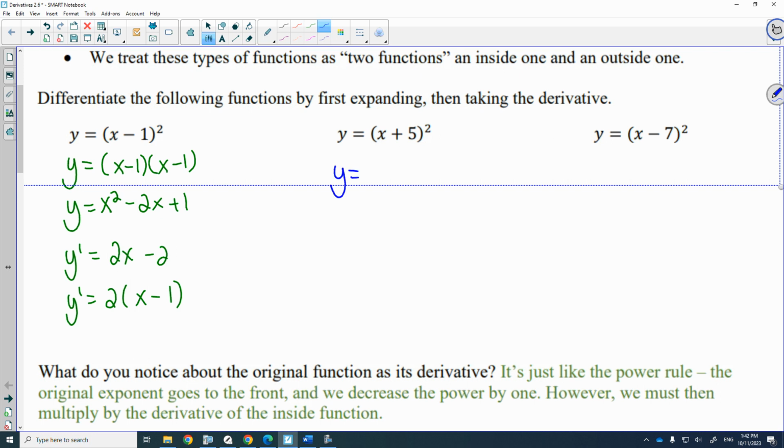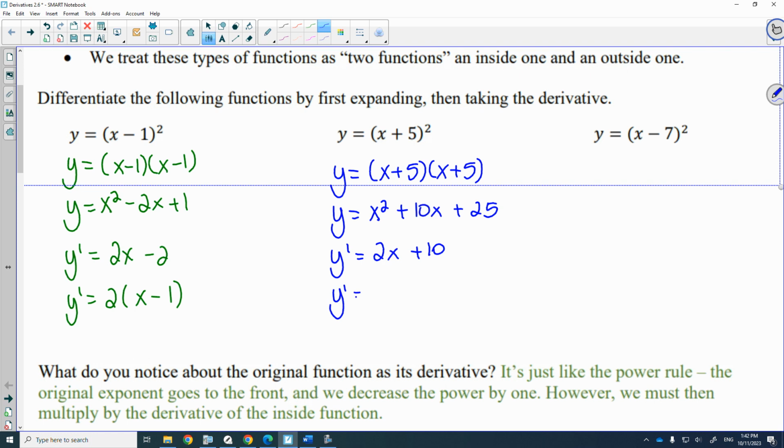So again, y is equal to (x plus 5) and (x plus 5). y is equal to x squared plus 10x plus 25. y prime is equal to 2x plus 10. And let's factor.